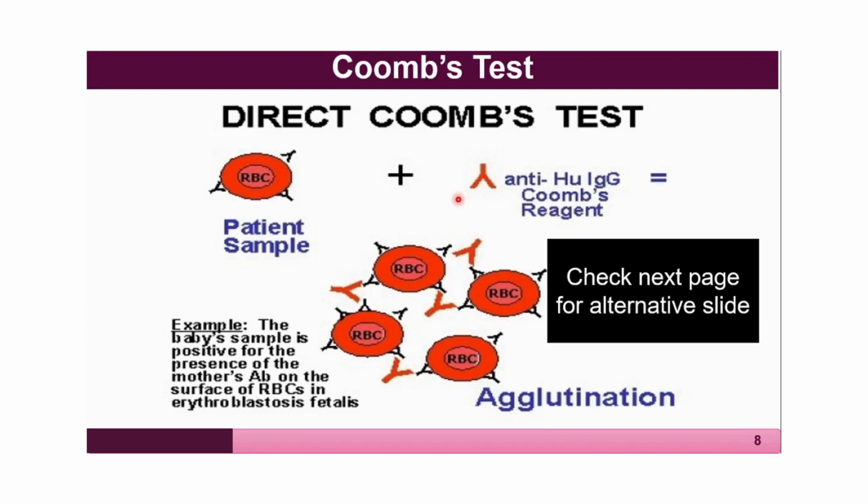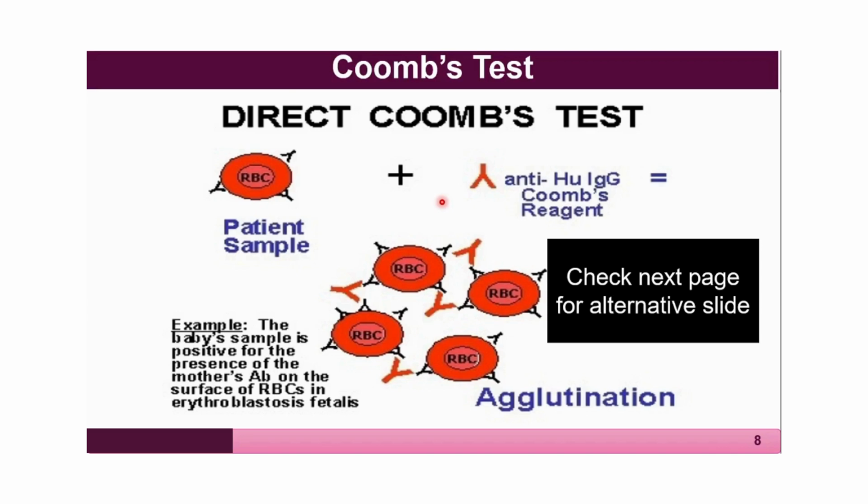I will move to another type of agglutination test, which is called the Coombs test, which is named after the scientist Coombs. He was the first person to develop anti-human serum, where he injected normal healthy human serum into animals and developed anti-human serum.